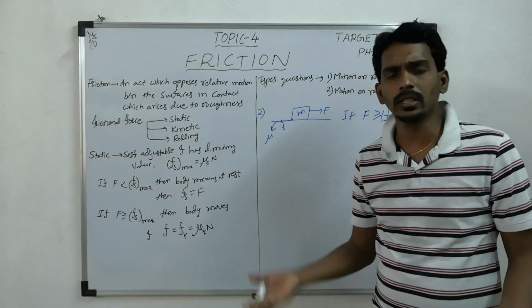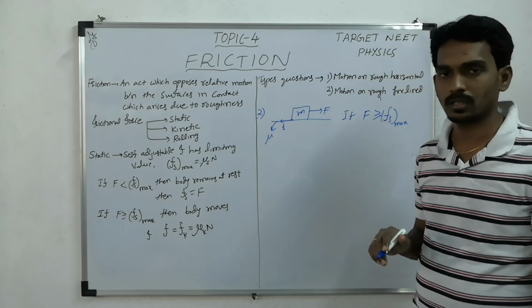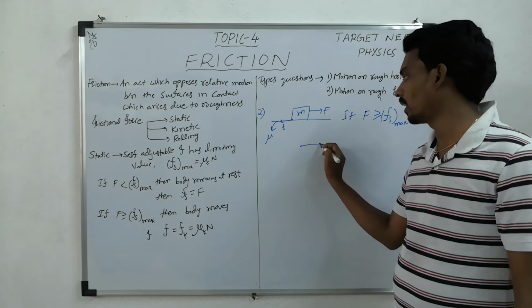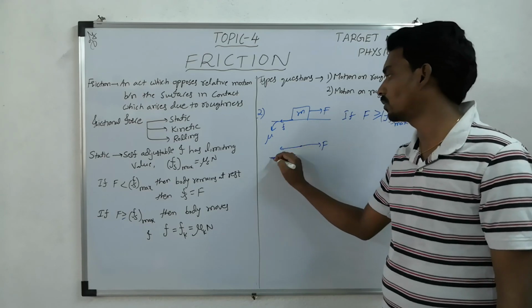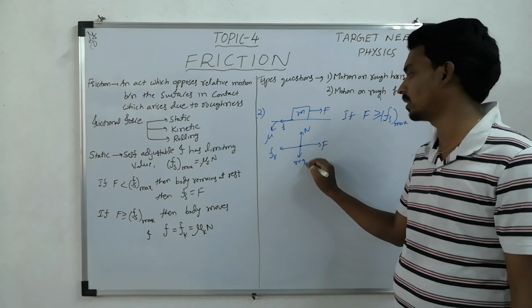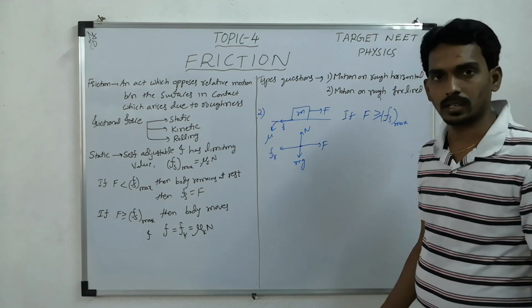Then decide whether the body will move or not. If the body is not moving, then there is no question of acceleration. That's why check this condition first. If this condition is satisfied, then only draw the free body diagram: rightward external force, leftward kinetic friction, upward normal reaction, downward mg. Then what is the resultant force formula? Mass into acceleration.